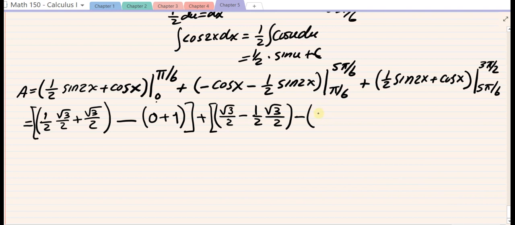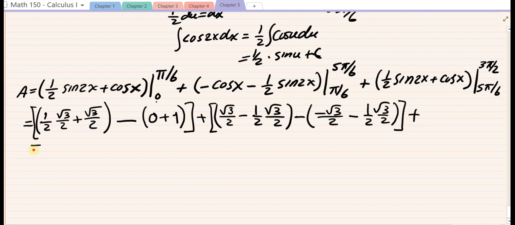That's going to be negative root 3 over 2, minus 1/2 sine of 2 times pi over 6, which is pi over 3, sine of 60 degrees, that's root 3 over 2. Okay, and that's this one.